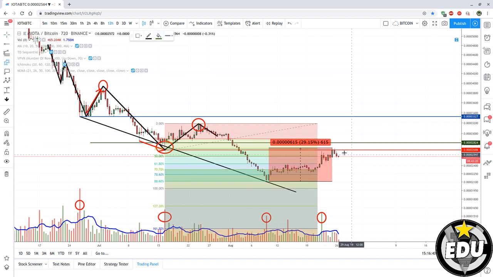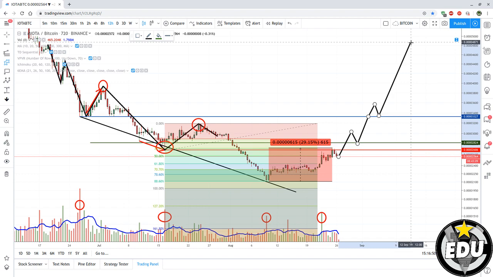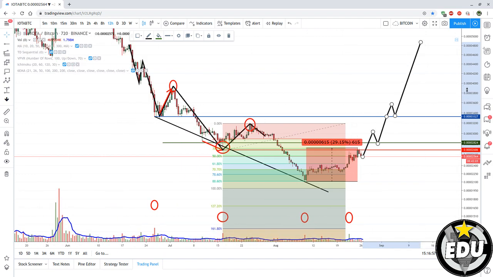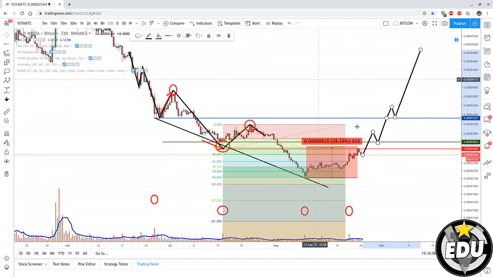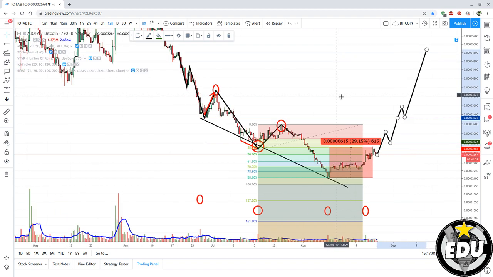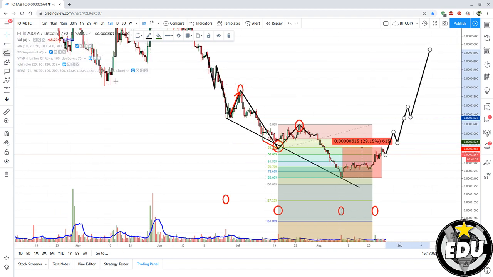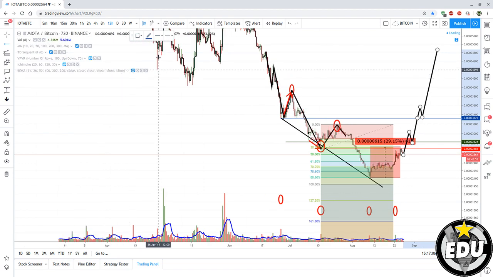So if it starts to break here, retests maybe this, and then we'll see here if it breaks or not, because it can just dump. But if it breaks, that's when I'm going to long IOTA and suggest it to the group, because I will have much more volume at that point, or much more distance up to, so it doesn't look like a false breakout.